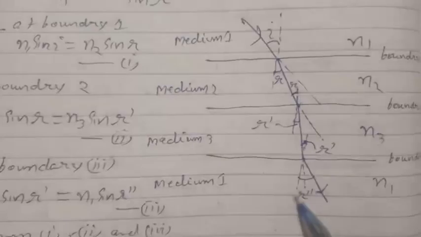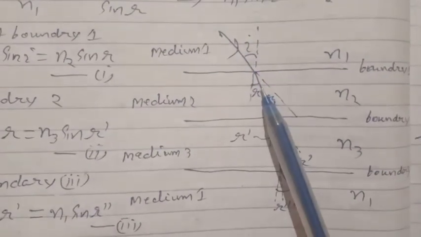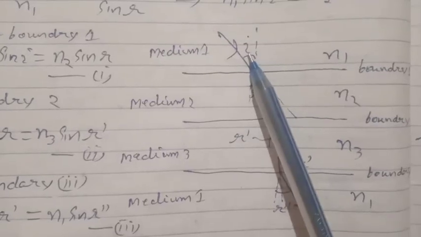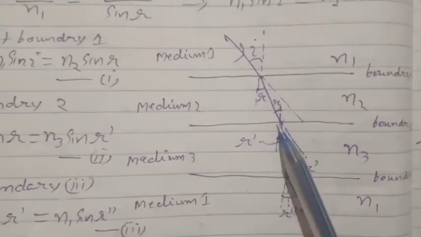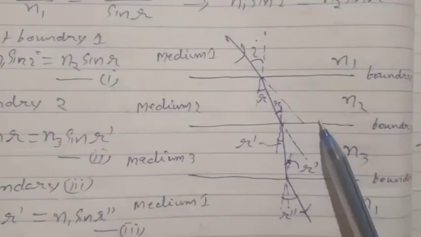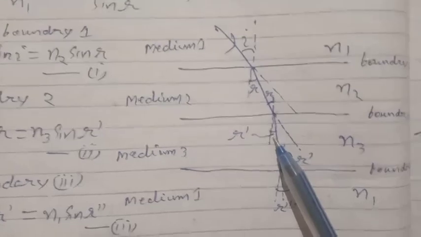and the angle of emergence r double dash. Here, when light passes from the first medium to the second medium, this is the angle of incidence and this is the angle of refraction. Now for the second boundary, this is the angle of incidence and this is the angle of refraction.